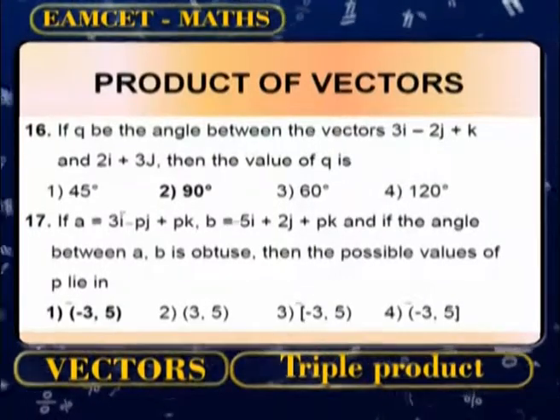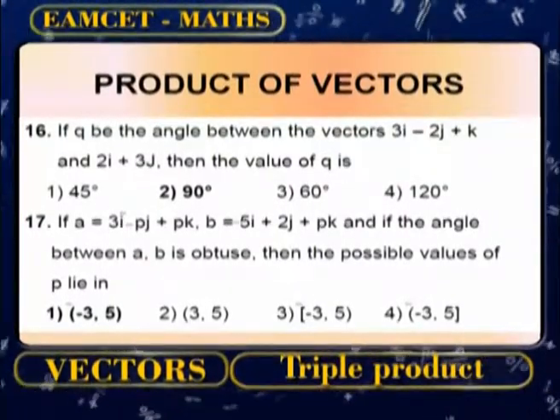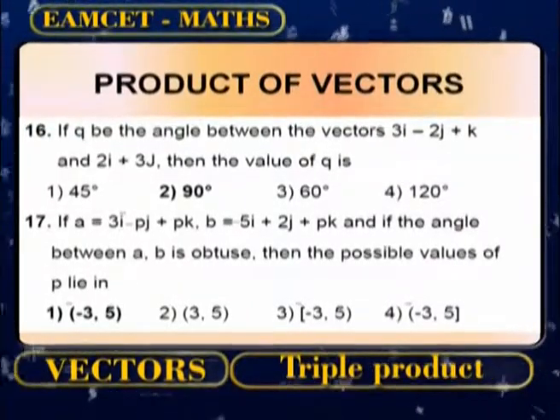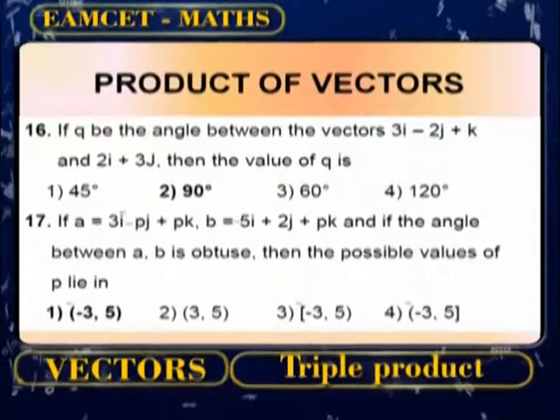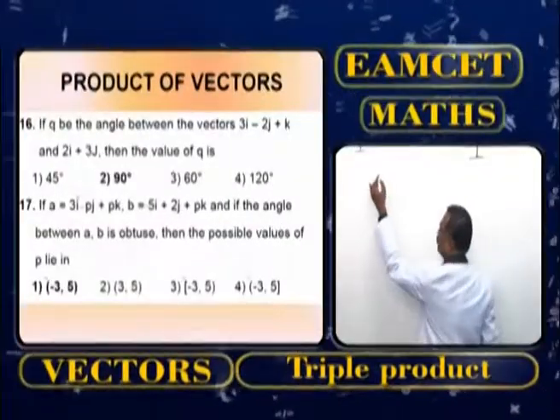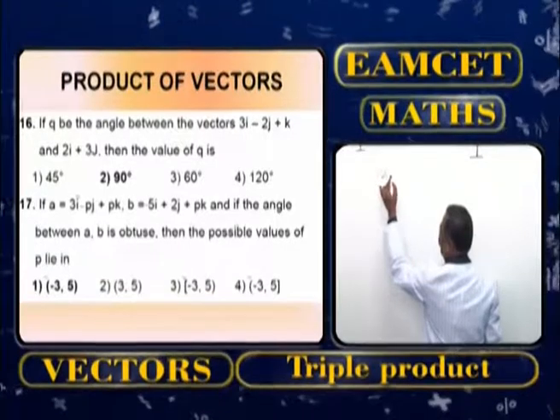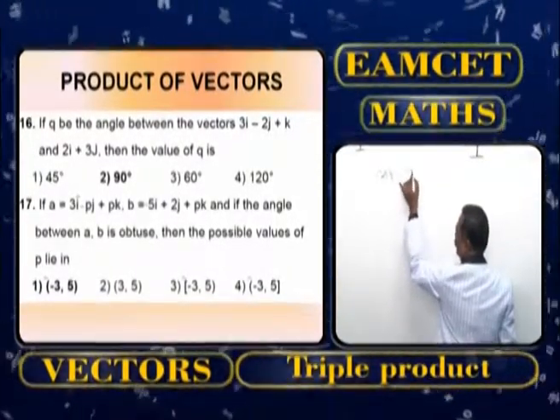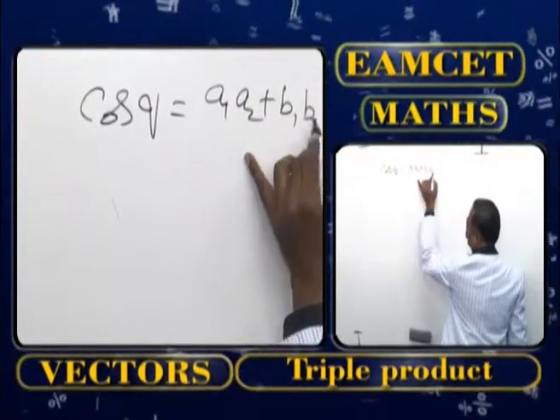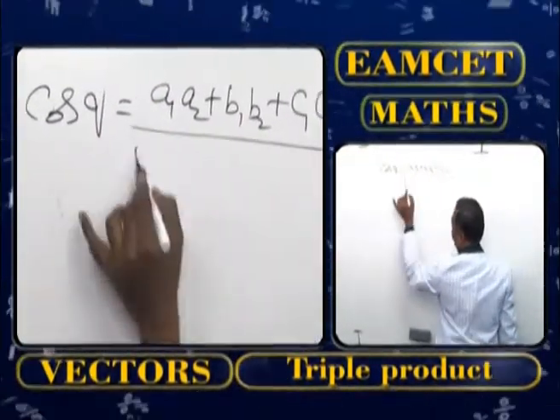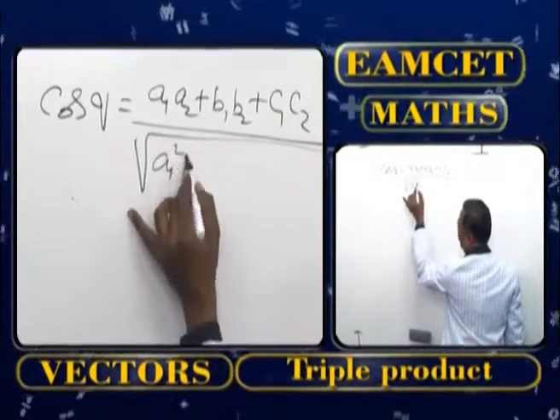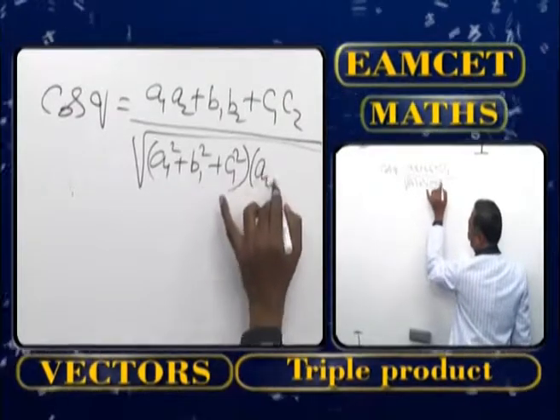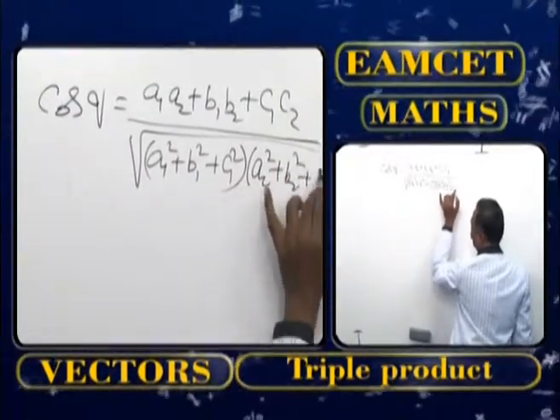The next one: if Q is the angle between the vectors 3i minus 2j plus k and 2i plus 3j, then find the value of Q. To find the angle, cos Q is equal to (A1A2 plus B1B2 plus C1C2) upon root over (A1 square plus B1 square plus C1 square) into (A2 square plus B2 square plus C2 square).